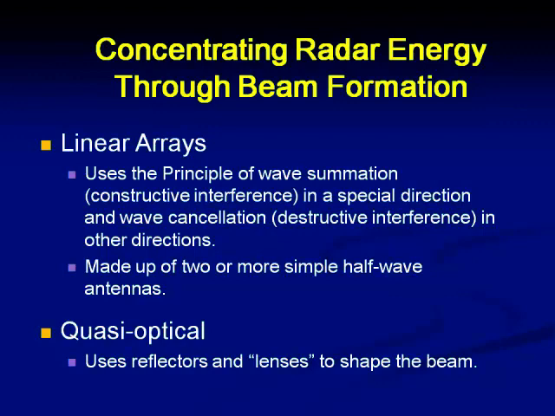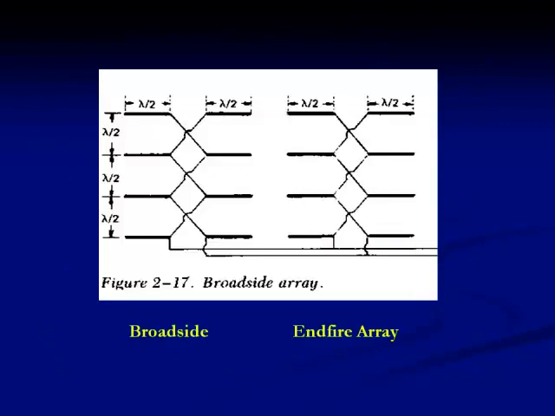And the next option can be using lenses, that is basically reflectors. The diagram indicates a sample case of an array. As you know, there are two types of arrays, broadside array and endfire array. The diagram indicates a broadside array with a spacing of lambda by 2 from each element.